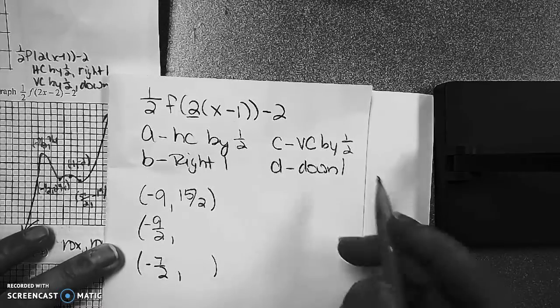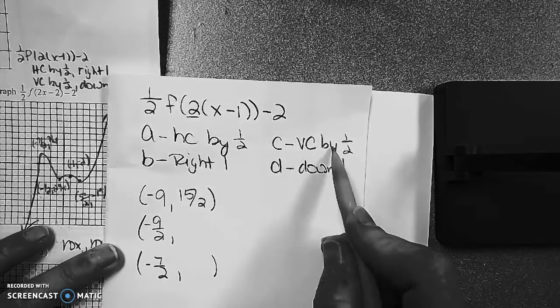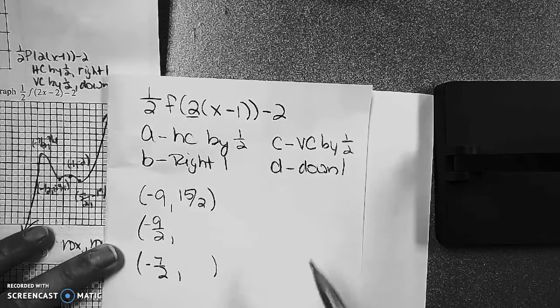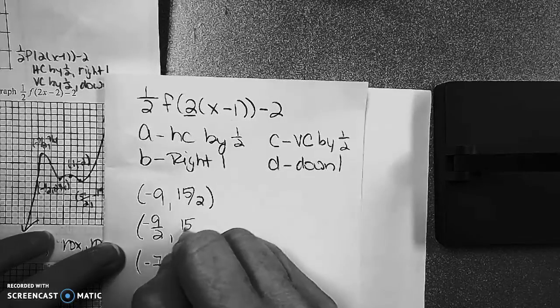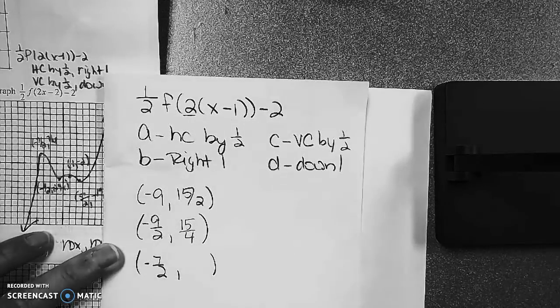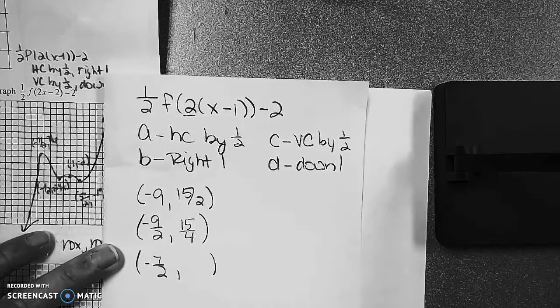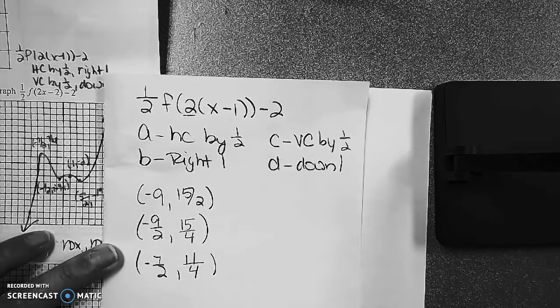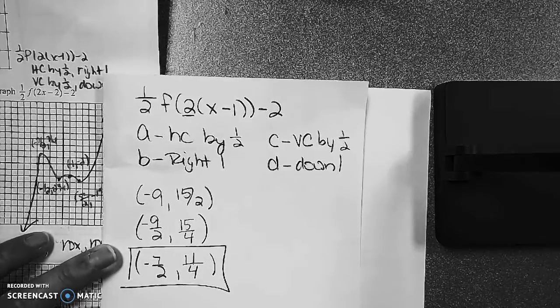Let's take my y's. Vertical compression by 1/2, so 15/2, and I'm going to multiply it by 1/2. It becomes 15/4. Down 1 would be subtracting 1 from that, so 15/4 minus 4/4 would be 11/4. And so there's my new point.